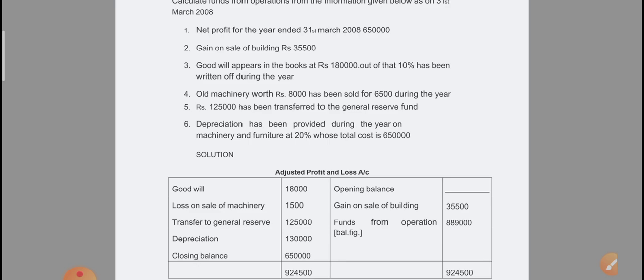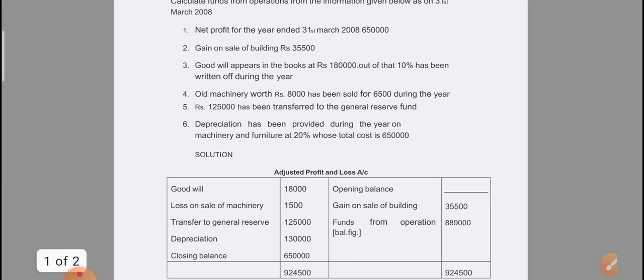So the loss on sale of old machinery has to be taken at the debit side of the adjusted profit and loss account. Rupees 1,25,000 has been transferred to general reserve. That amount has to be taken at the debit side of the adjusted profit and loss account.